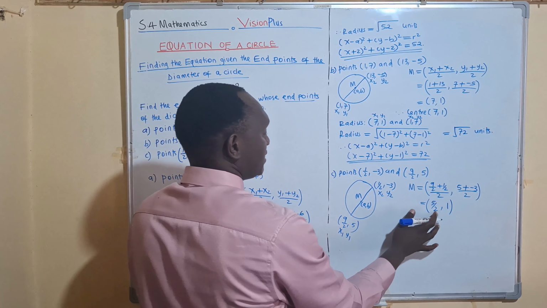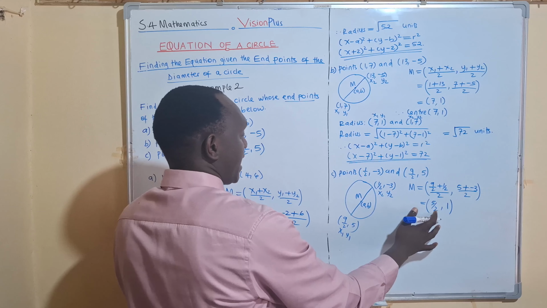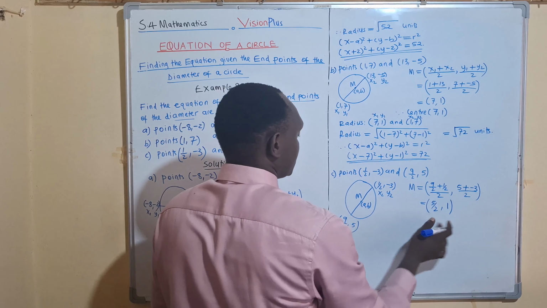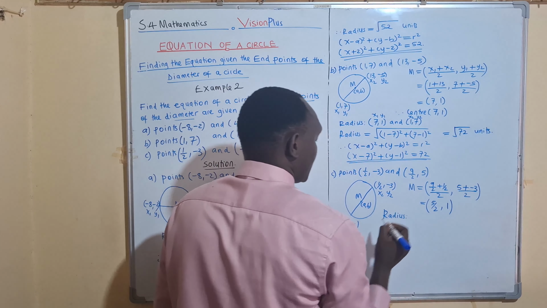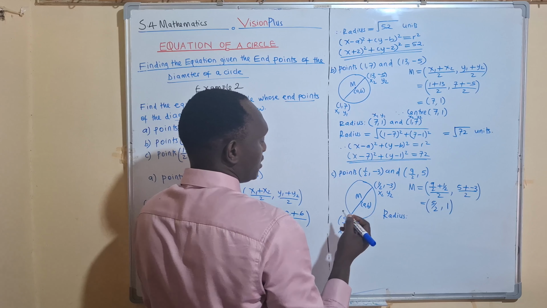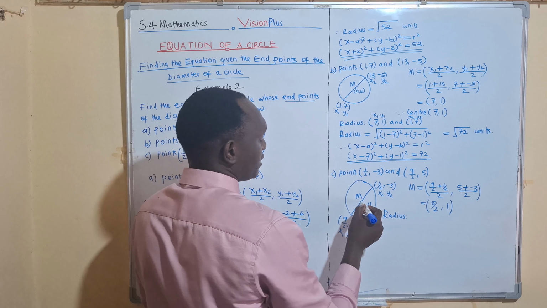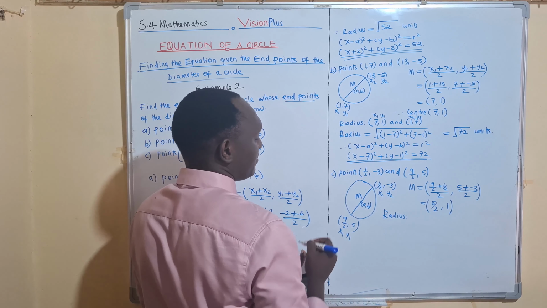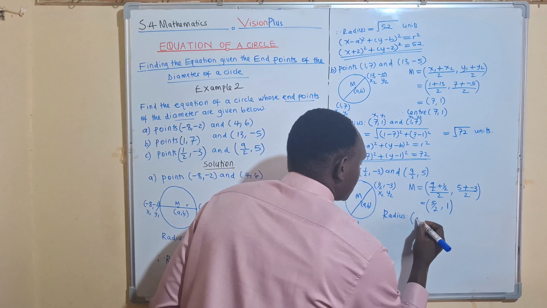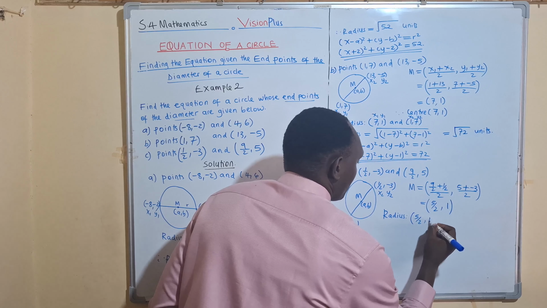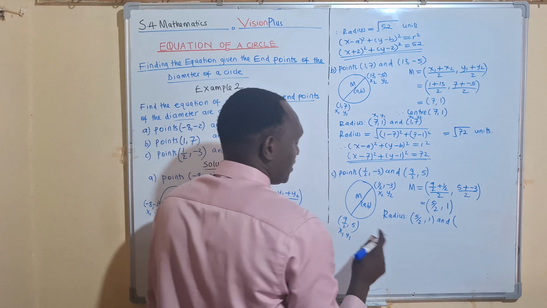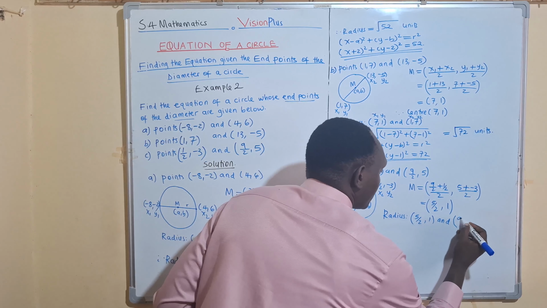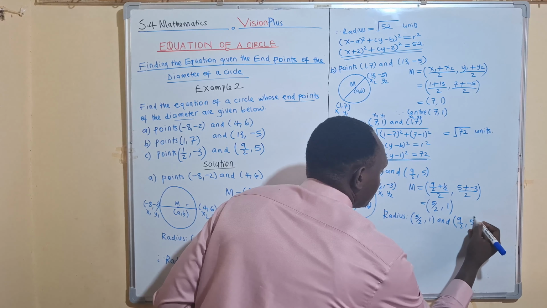You can even write it in decimal if it is not recurring. So after getting the coordinates of the center, now we are done with the center and move to the radius. And for the radius, to make the work easier, we choose the coordinates of the center and any other point. So the coordinates of the center are (5/2, 1), and any other point, either this or that. Let me choose (9/2, 5).